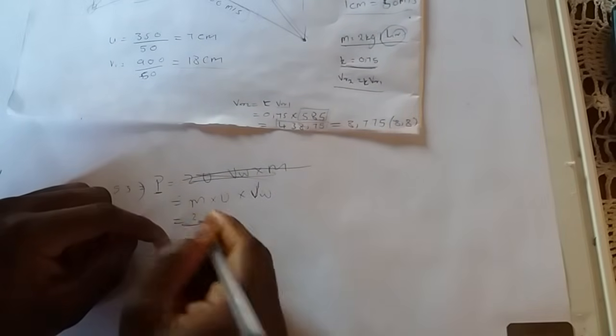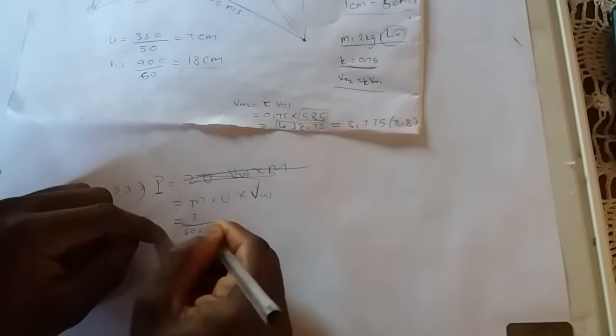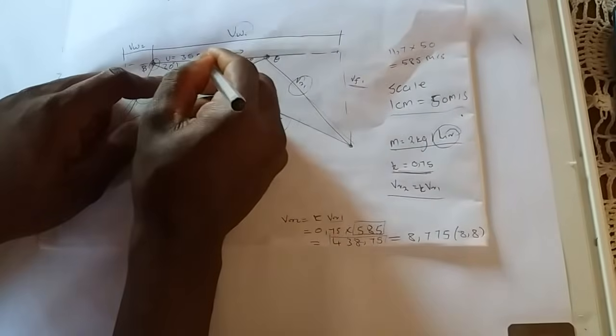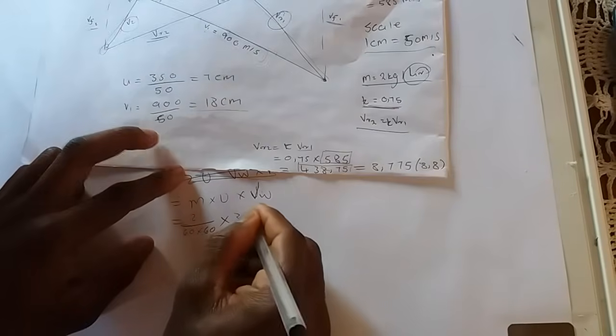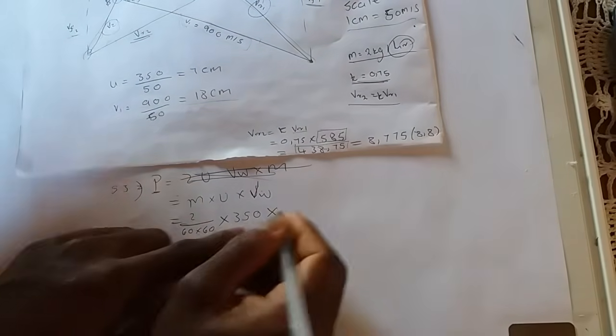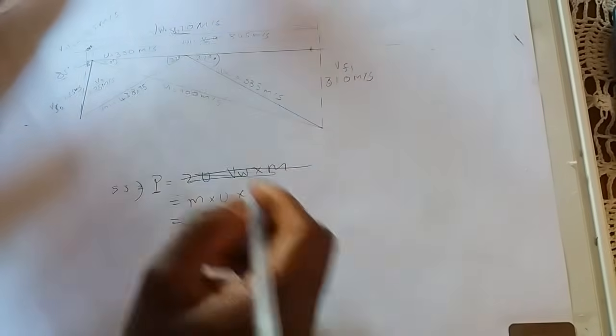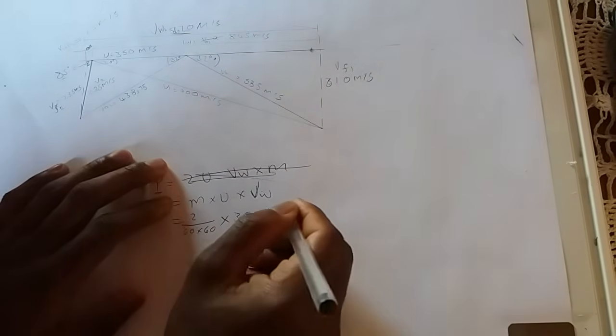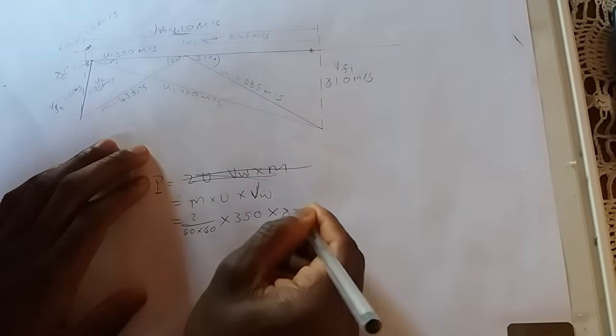But because now we will be dealing with power, we know that power is always per second. We will say here divide by 60 times 60, times our U. The value of U is 354, times our VW. This is the value of our VW, and it is 870.